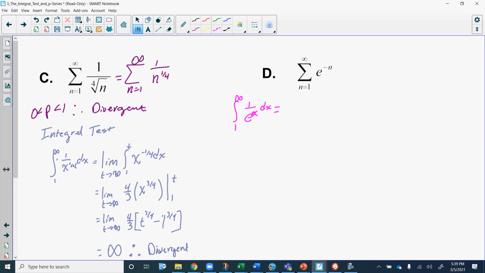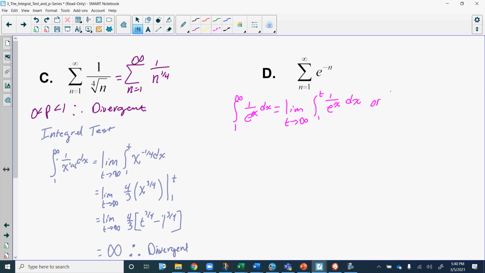So here I'm going to have my improper integral. Nope, my limit. My limit as t approaches infinity, 1 to t, 1 over e to the x dx. Now, if you prefer to keep it as e to the negative x, you're more than welcome to, because that might make it a little easier to see what the antiderivative is going to be.